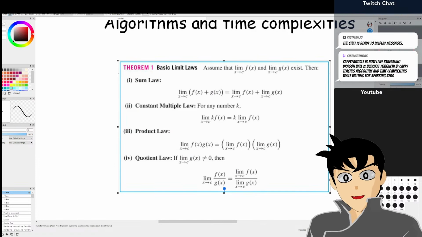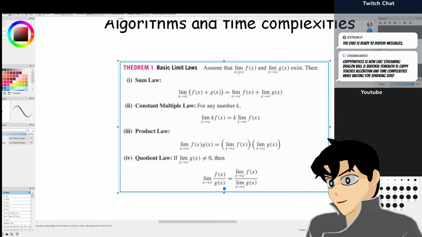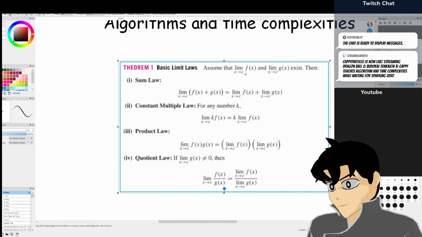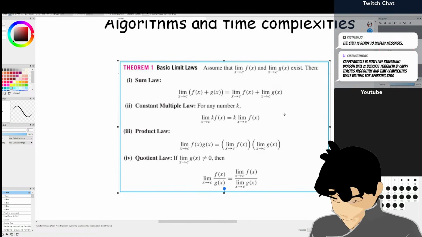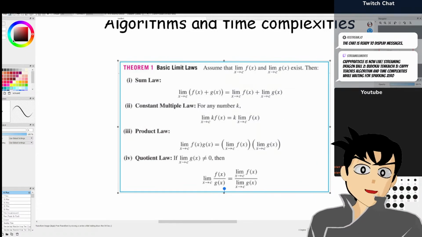So assuming the limit of f of x, for some reason we're using an x now instead of n, and the limit of g of x exists as x approaches c. This is why this stuff is always so confusing. They start changing the letters, and it starts messing with my head.